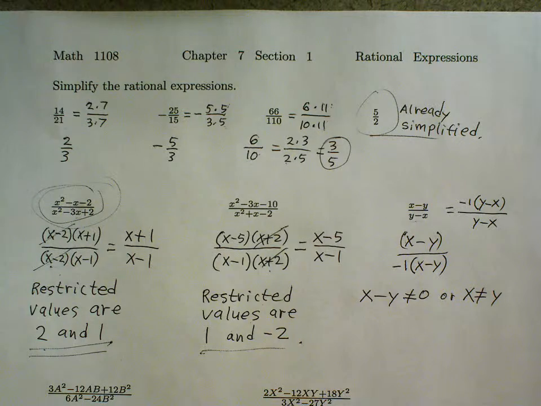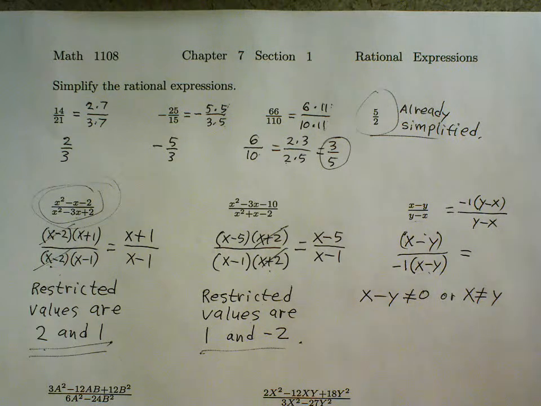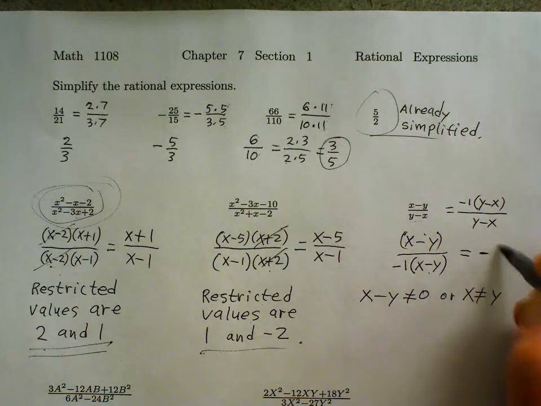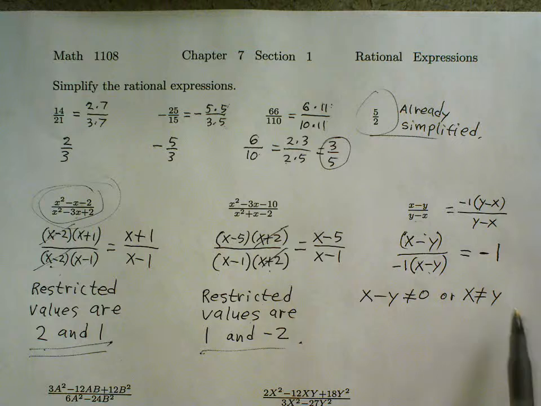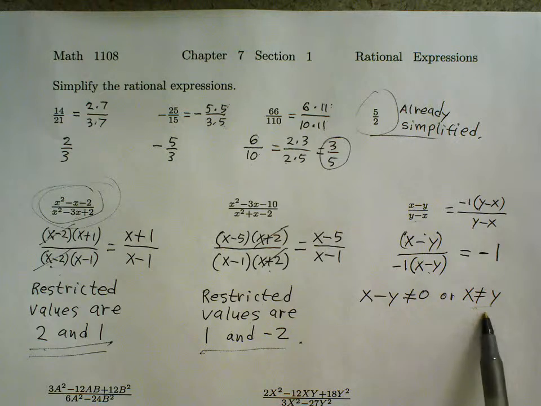Those are the restricted values. But then the rational expression simplifies to -1 as long as the x value is not the same as the y value. So this accounts for infinitely many restricted values, but we can't list them all. We just say x cannot be equal to y.